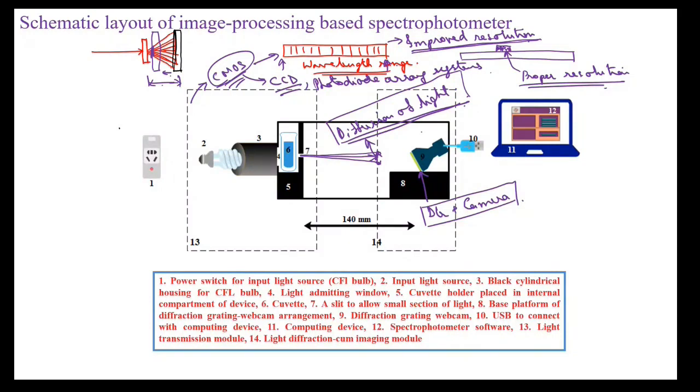Once you get the image through the camera, you take the signal or the image into a processor, and then you develop your own program to get the visible spectra or the UV visible spectra of the sample you are trying to test. Okay.